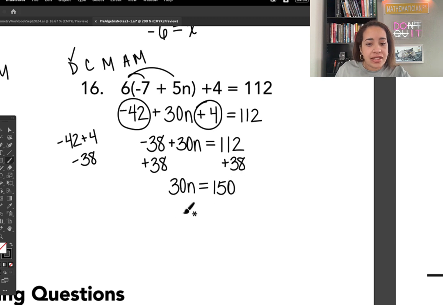The very last step to solve for n is to divide. We're dividing both sides by 30. Now I've got n all by itself on the left, and on the right, 150 divided by 30 gives us 5.